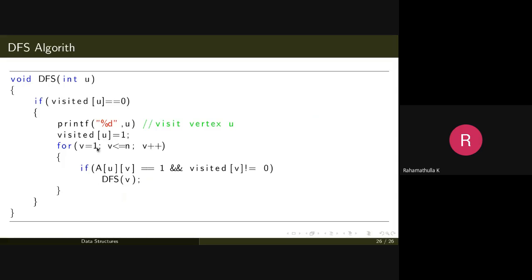So let's say 1 to 2 is 1, so DFS 2 will be called. Then DFS 2, and so on. So this for loop will be suspended till the execution of DFS 2, and DFS 2 will invoke another for loop which will be suspended until the execution of DFS 3, and so on. So this is about the DFS algorithm.